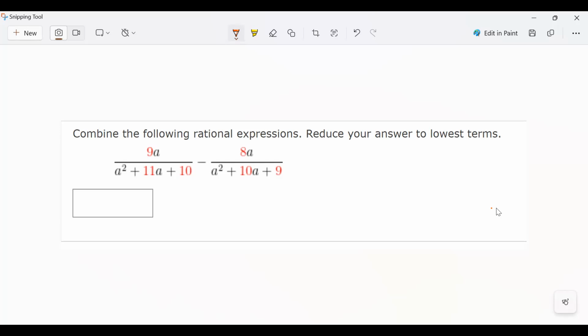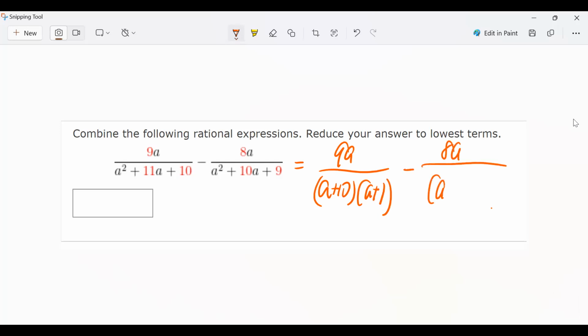All right, let's go over the solution here. So we factor the first denominator. So it becomes 9 over (a+10)(a+1). The second one, you're gonna factor as (a+9)(a+1). Now you're gonna look for the LCD, right?